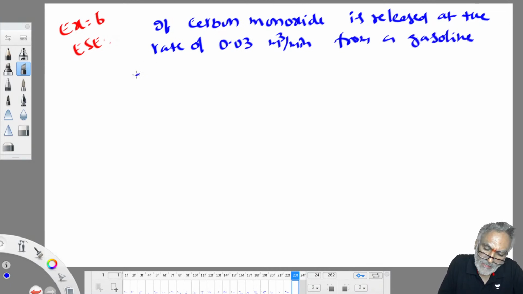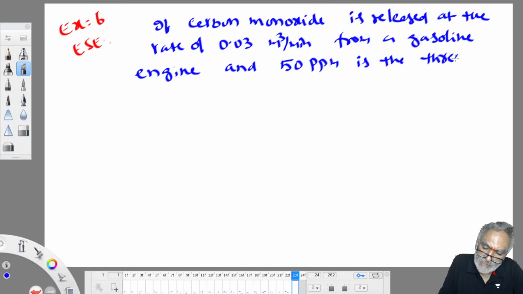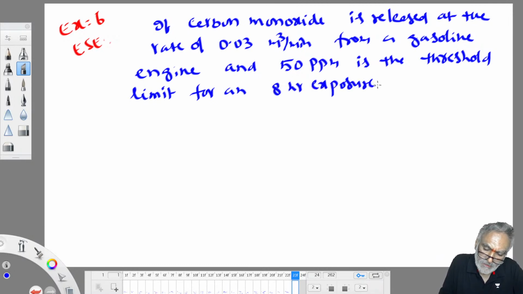Gasoline engine means exhaust pipe of your bike or a car. And 50 ppm is the threshold limit for an 8-hour exposure. Threshold means standard. It should not exceed more than 50 ppm. So public exposed to this beyond 50 ppm, dangerous it is.